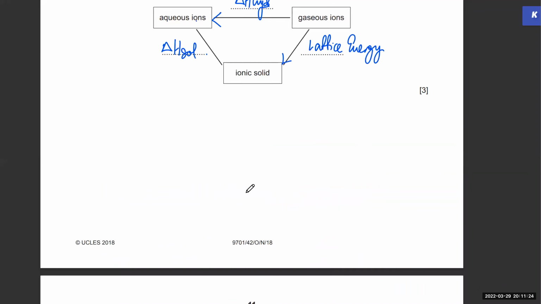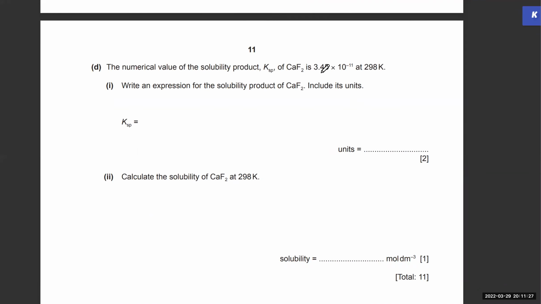So now it's about Ksp. What is Ksp? Ksp is the equilibrium constant of an ionic compound dissolving in a saturated solution. So when you dissolve CaF2 solid, it will dissociate into aqueous ions.